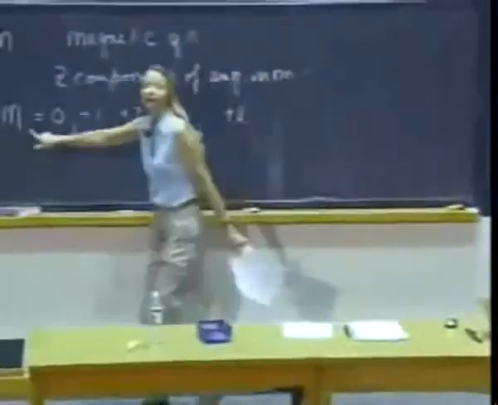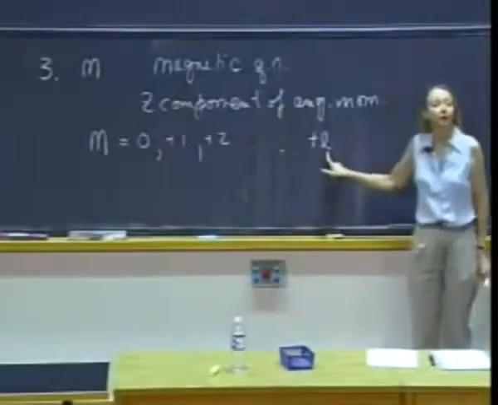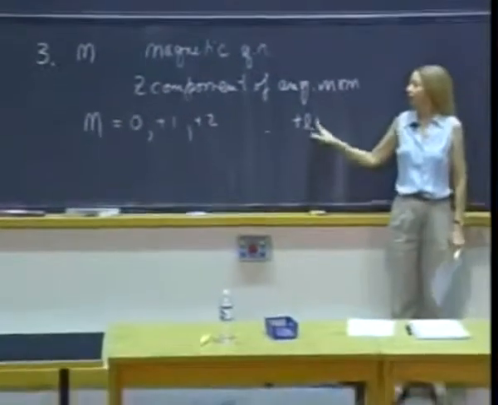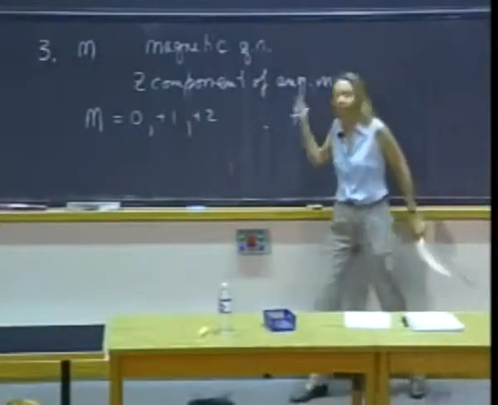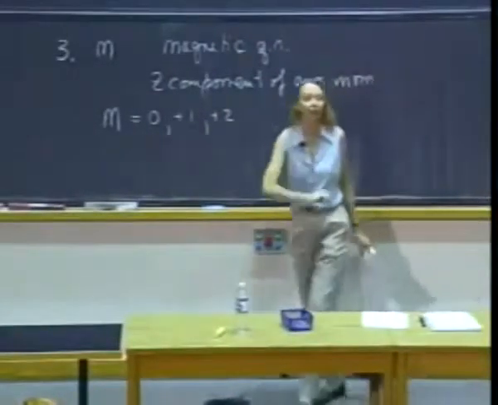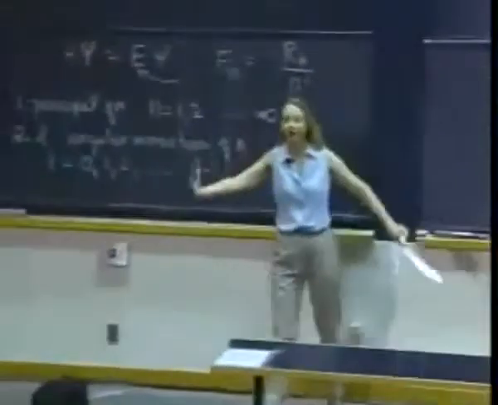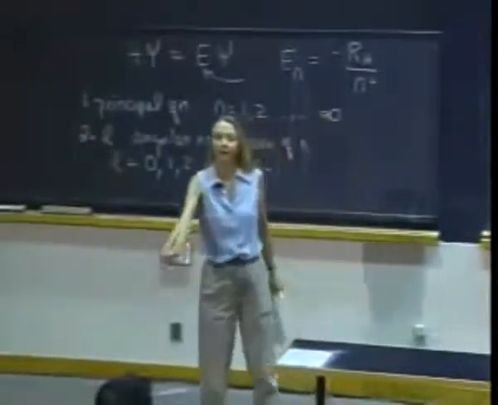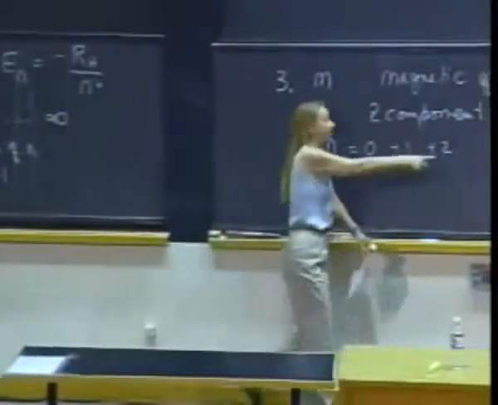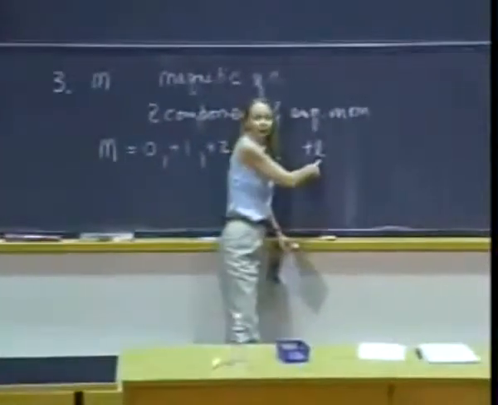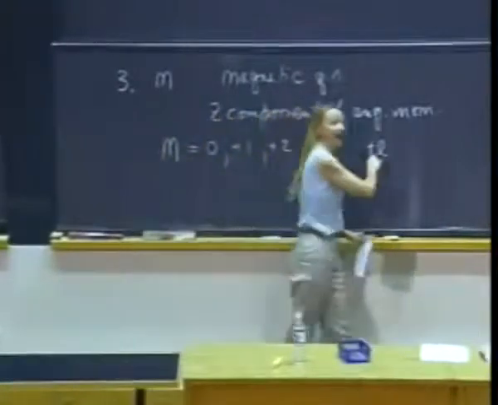The magnetic quantum number is tied to the angular momentum quantum number. Why? Well, because m dictates the z component of the angular momentum, while L dictated the total angular momentum. The z component of the angular momentum is never going to be bigger than the total angular momentum, so that's why m is tied to L.